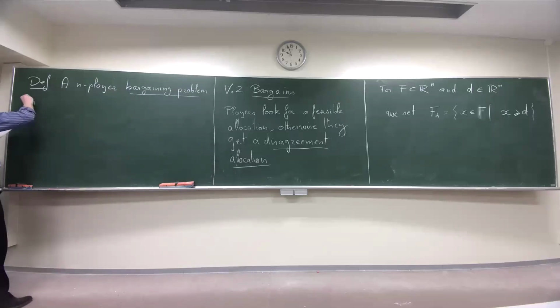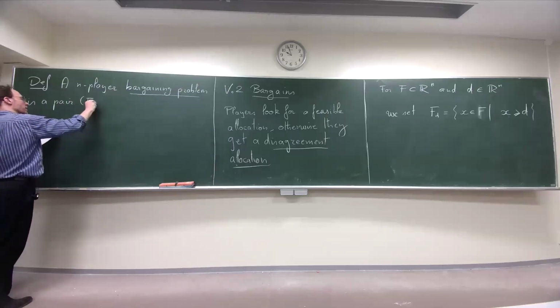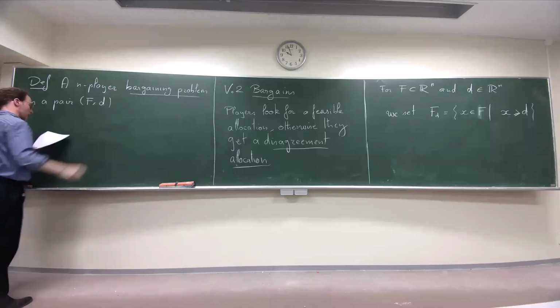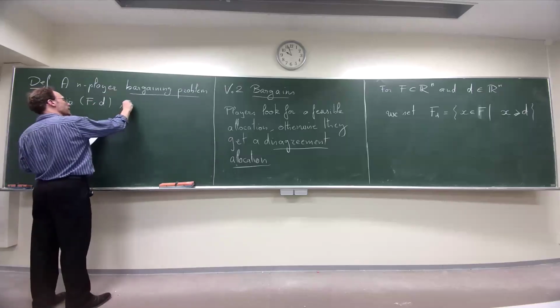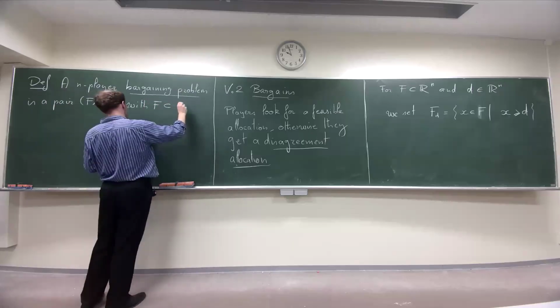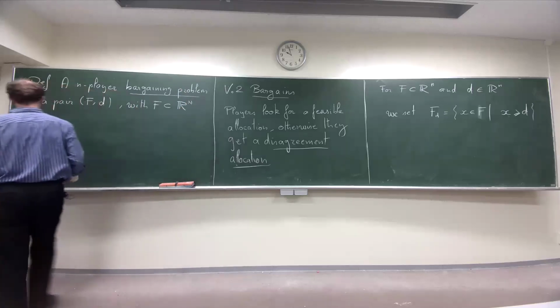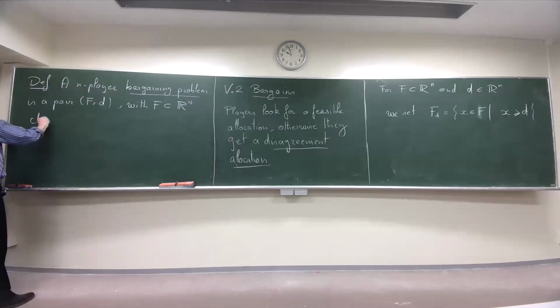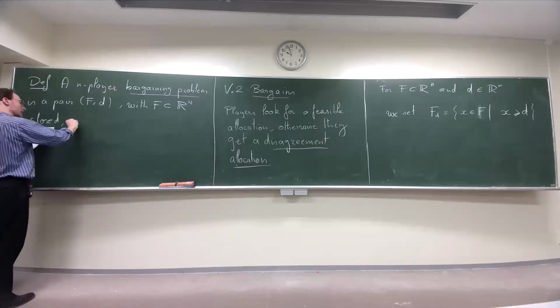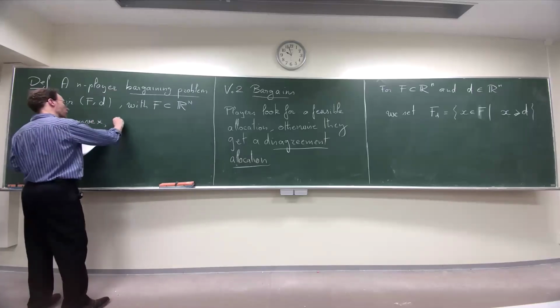It is a pair (F, D) with F any subset of Rn which is closed, convex, and comprehensive.